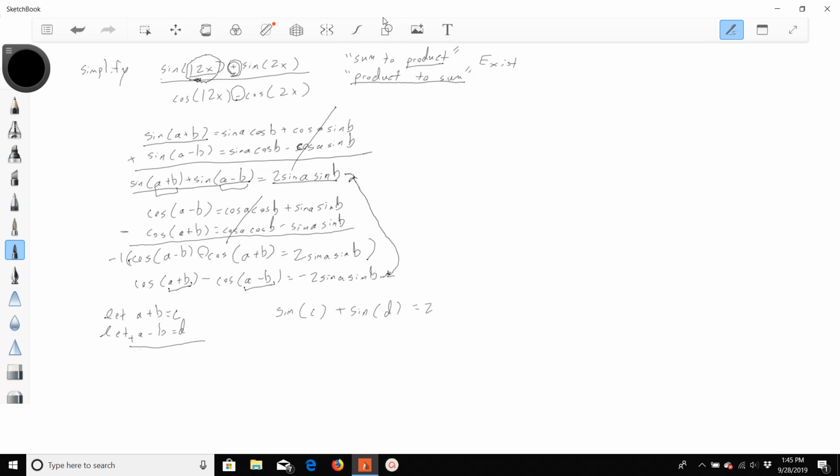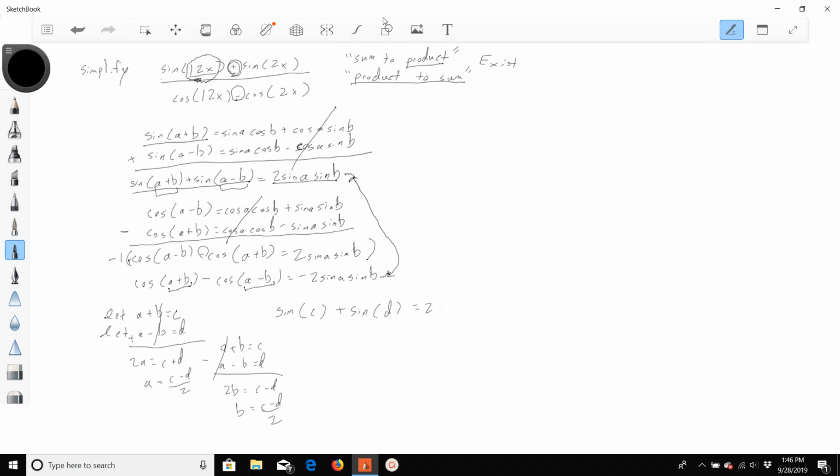Adding first, plus b and minus b cancel, so 2a is equal to c plus d, and a is c plus d over 2. Writing them again: a plus b is equal to c, a minus b is equal to d. If I subtract these two, the a's go away. I have b minus a negative b, which is 2b, equal to c minus d, so b is equal to c minus d over 2.